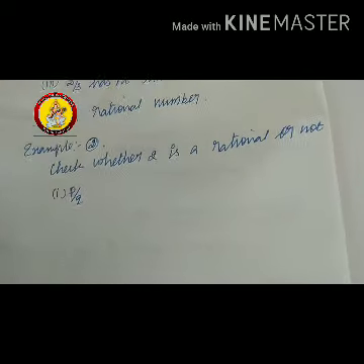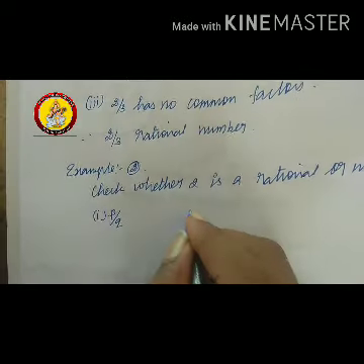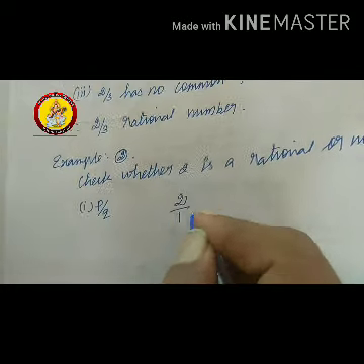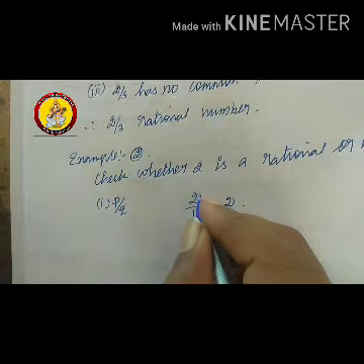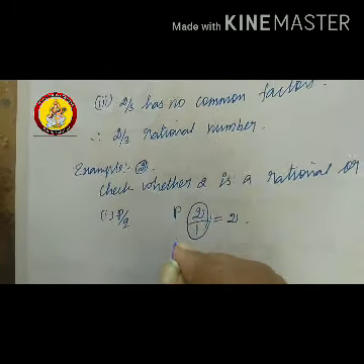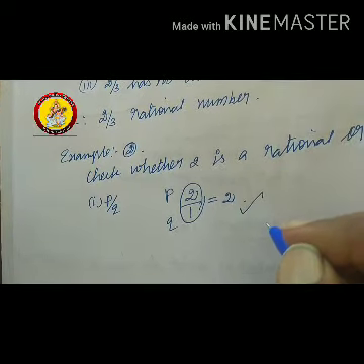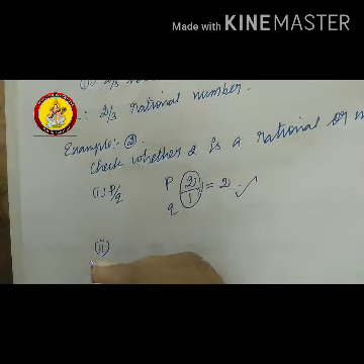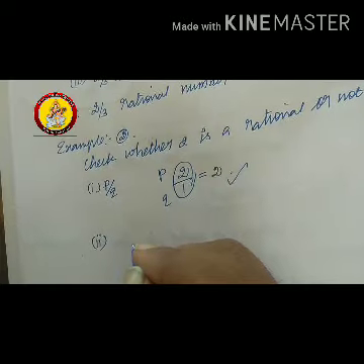Yes, 2 is a rational number because every number can be written in the form of 2 by 1. Okay, 2 by 1, that is 2. So now the format is p by q, that is p equal to 2 and q equal to 1. Therefore, the first condition is satisfied. And move on to the second condition. The numerator and the denominator are integers.